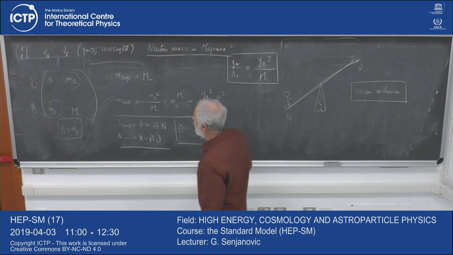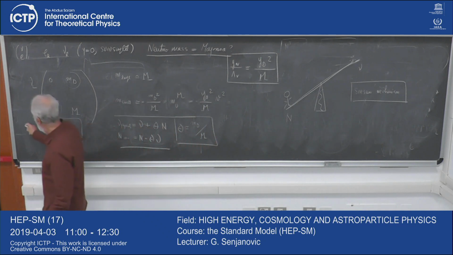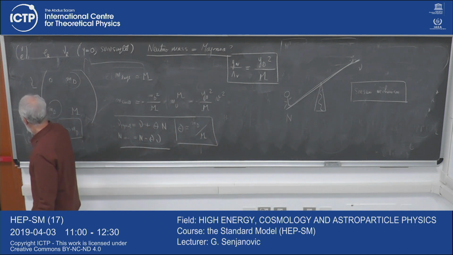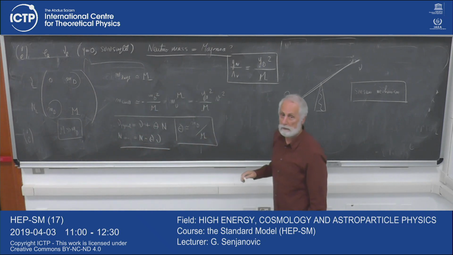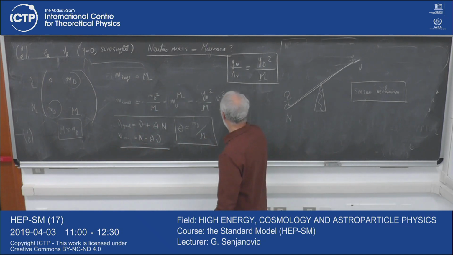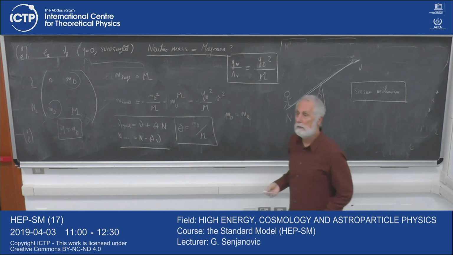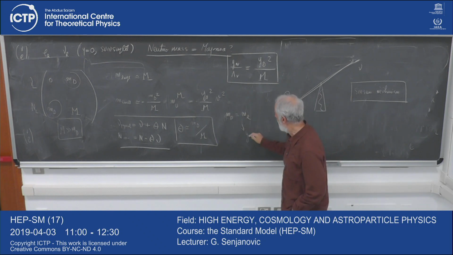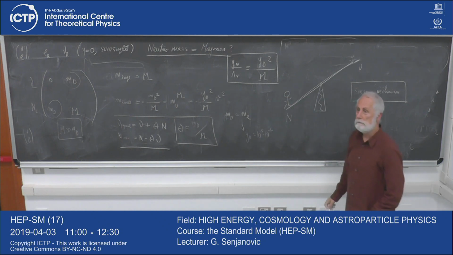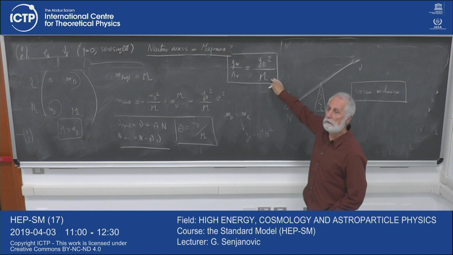The natural thing is basically you would argue nu and electron are one and the same state. So now what happens if I assume that? Suppose I take M Dirac to be of order ME, just to see what I get. This would give me Yukawa Dirac on the order of 10 to the minus 5, 10 to the minus 6. The scale wouldn't be large at all.